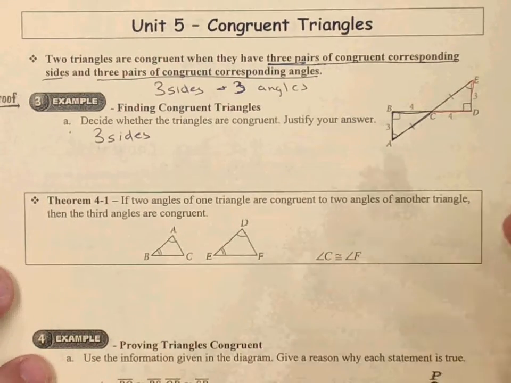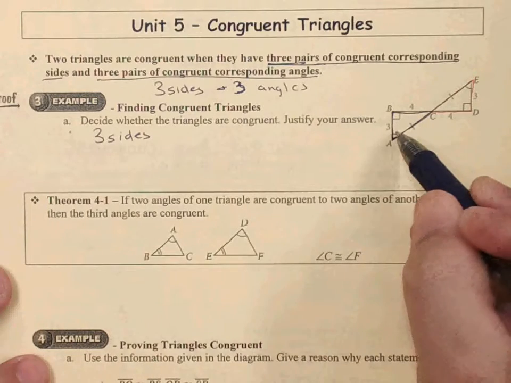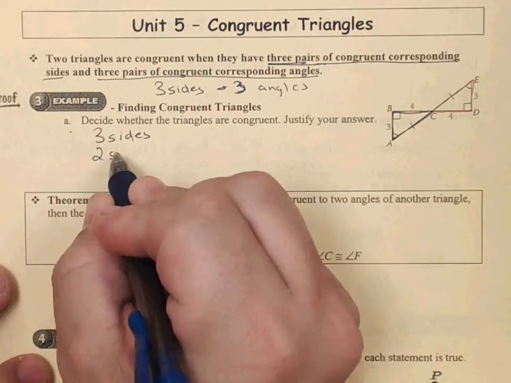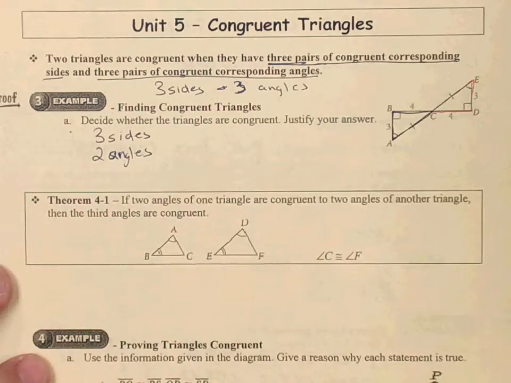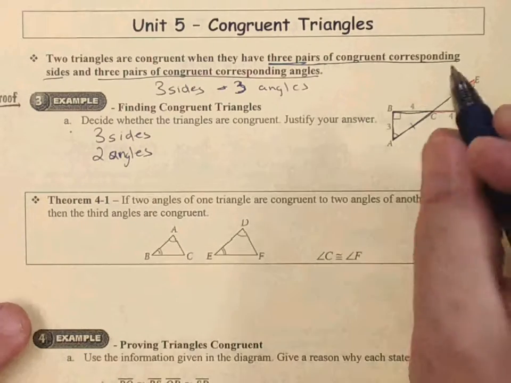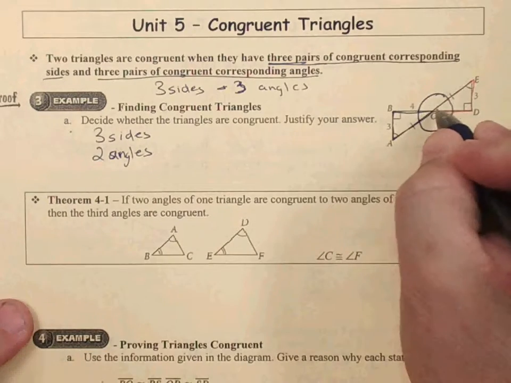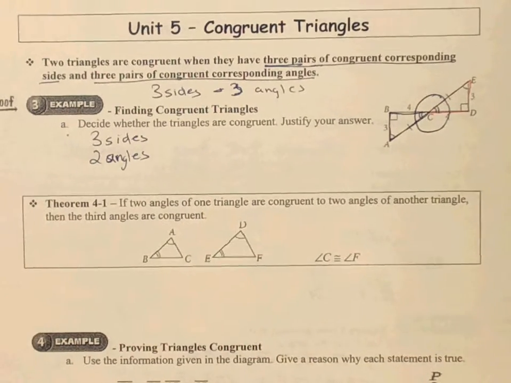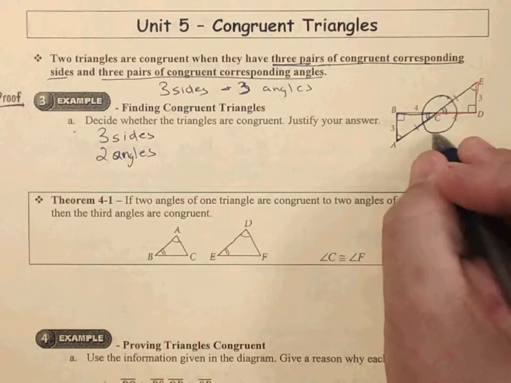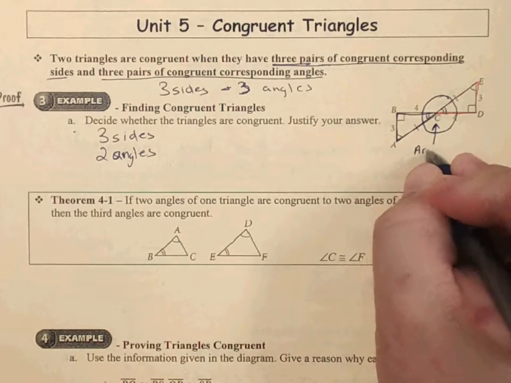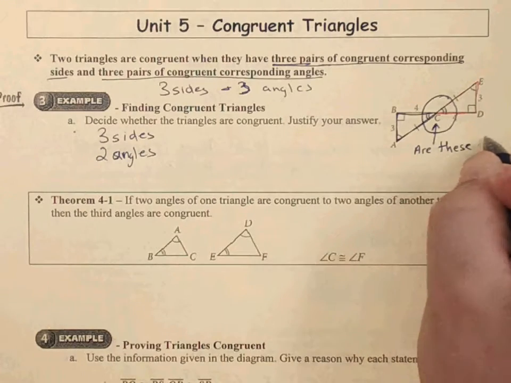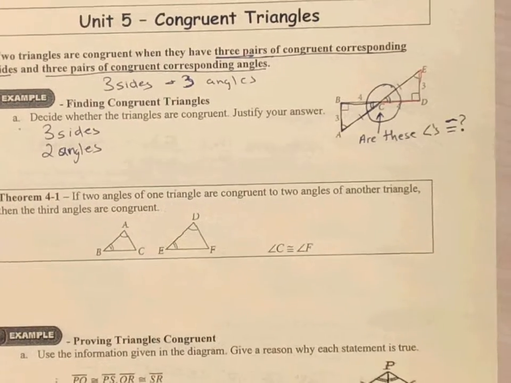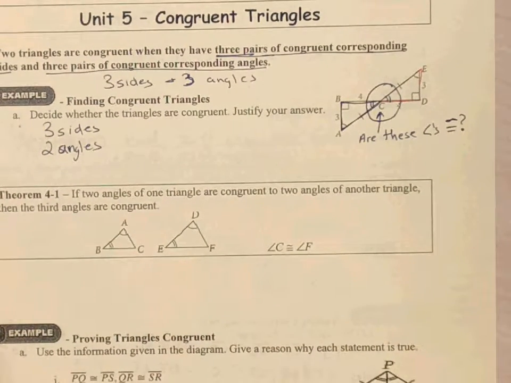But let's look at the angles. We have a right angle and a right angle, then we have another marked angle and this marked angle that are congruent. So really we only have two angles. So what we need to figure out is this angle here and this angle here. Are they congruent to each other? So are these angles congruent?